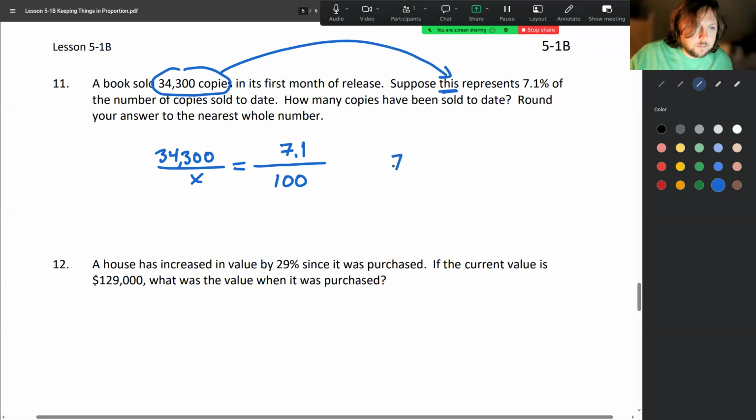So let's cross multiply. So 7.1x equals 34,300 times 100.